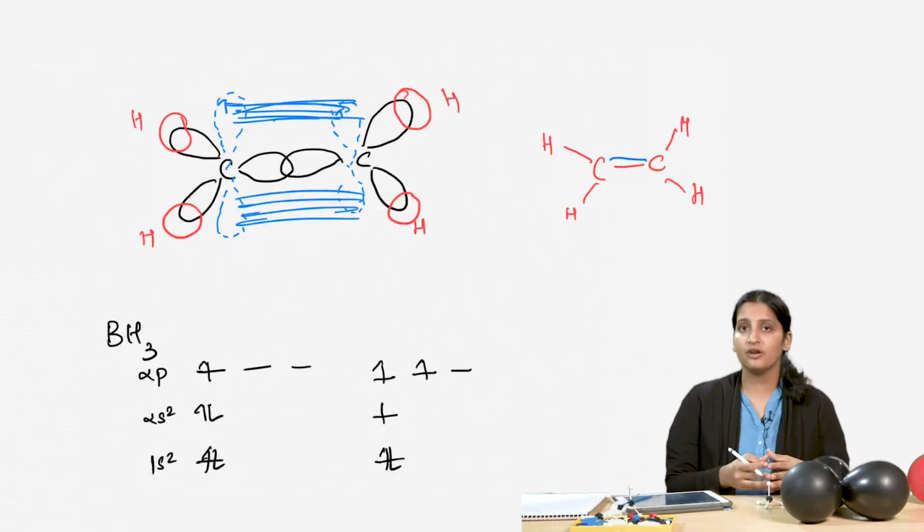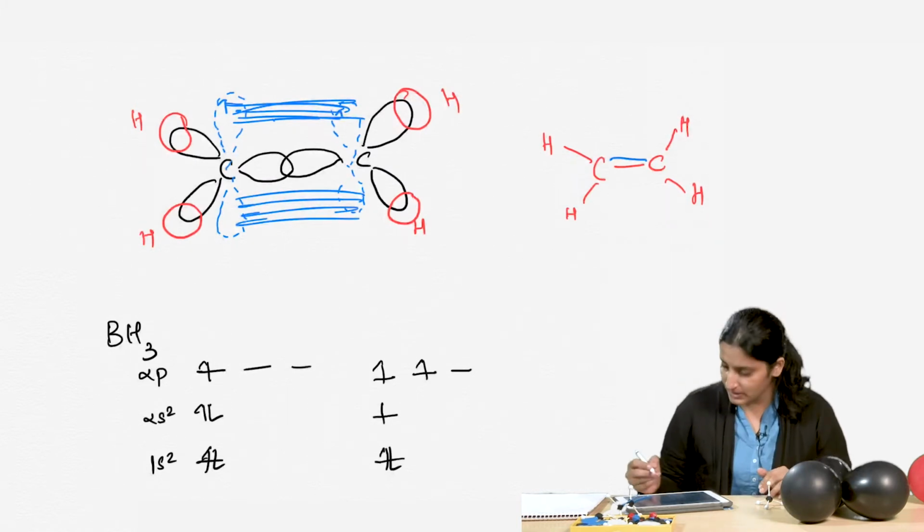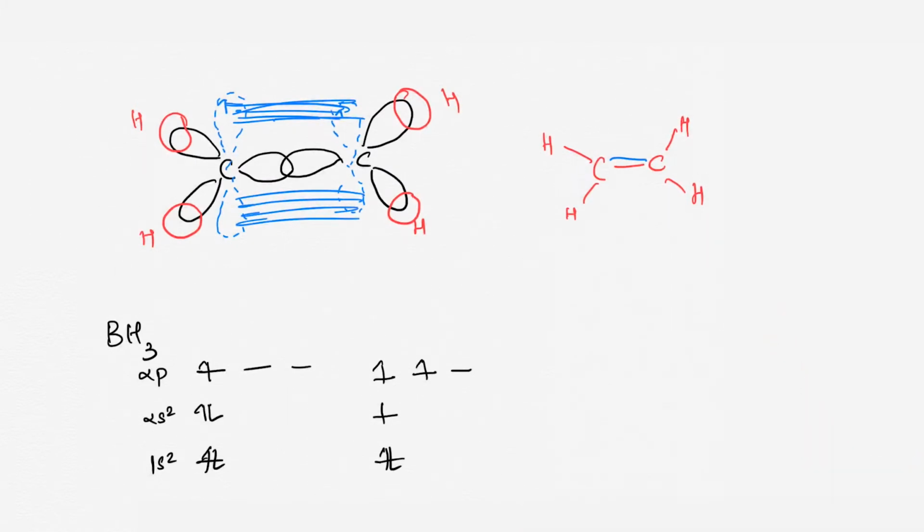Now, if you think about it, I need to do an sp2 hybridization. So, I need to take one of the s orbitals and 2 of the p orbitals together and I will form these sp2 hybridized orbitals upon hybridization, and in fact, there is one empty p orbital that did not take part in hybridization. Okay. Each of these sp2 hybridized orbitals have 1 electron each.